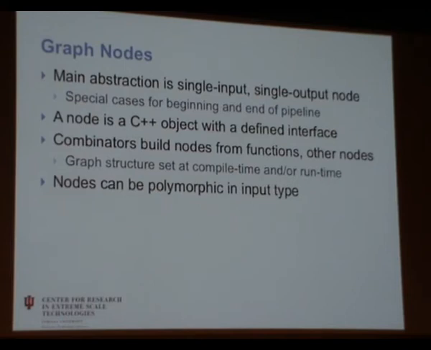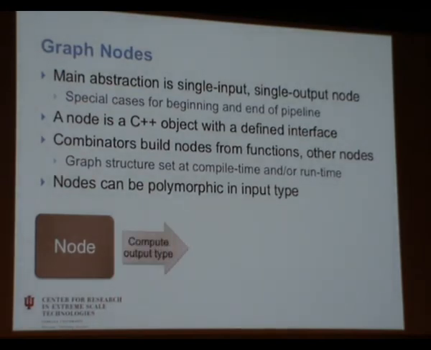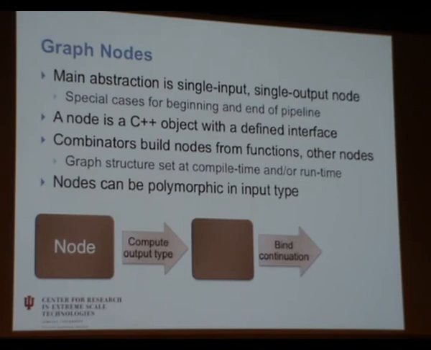Nodes can be polymorphic in their input type, which is mostly a convenience feature for users. And so you start off with a raw node, then you compute its output type based on the input type, get an intermediate state, and then you plug in the continuation for the next node to get a bound node.